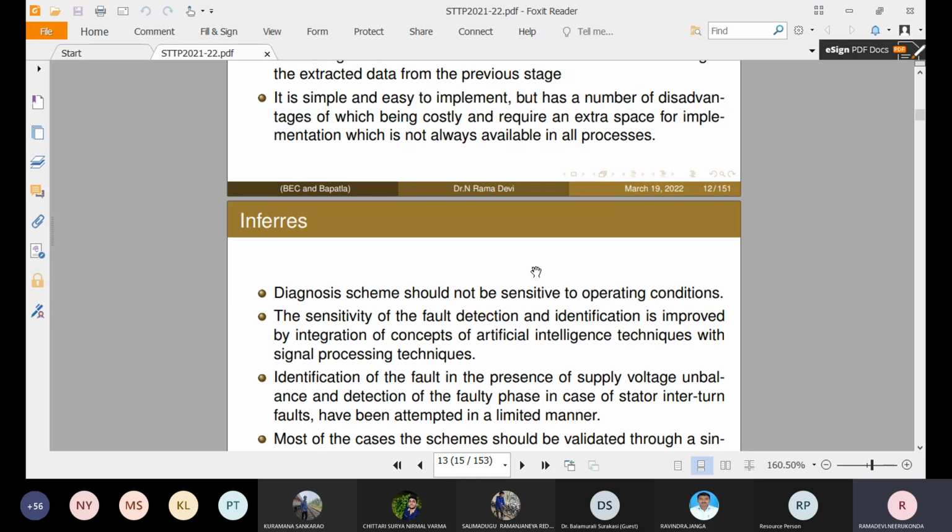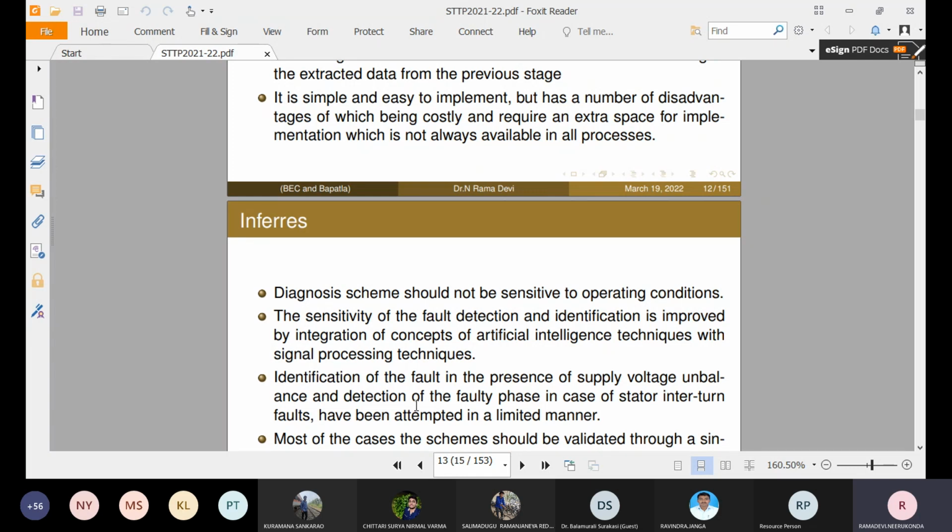So this exhaustive literature inferred that in the majority of cases, the diagnosis scheme should be sensitive to the operating condition of the system. Whenever the operating condition of the system changes, the scheme is influenced by it. The second point is that the sensitivity of fault detection and identification is improved by integrating artificial intelligence techniques with signal processing techniques.